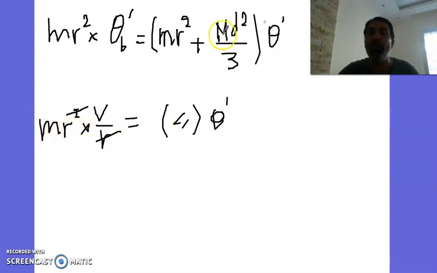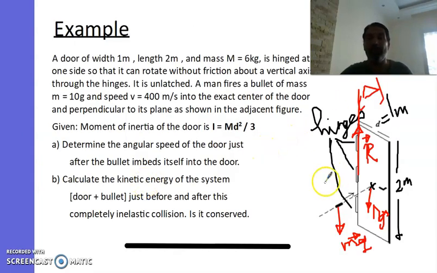Let me go to the question. Here is the bullet. The radius is this distance. Here is R, which is half the width, because here is the axis and here is the particle, so the circular motion of the particle around this axis is this circle. So R is half d.